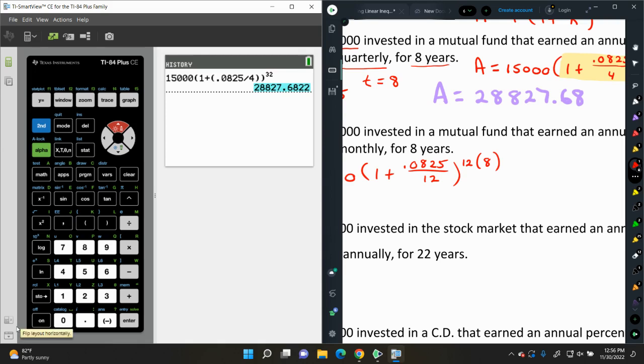Okay, so to save time, since I already put the formula in once, dividing by 4, I'll arrow up, press enter. So now I can just go over and change this 4 to a 12.